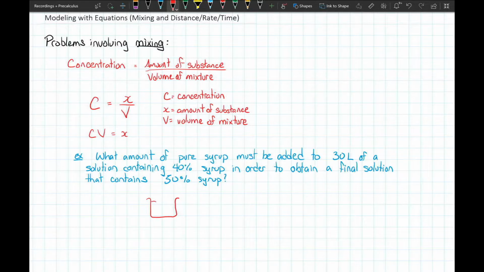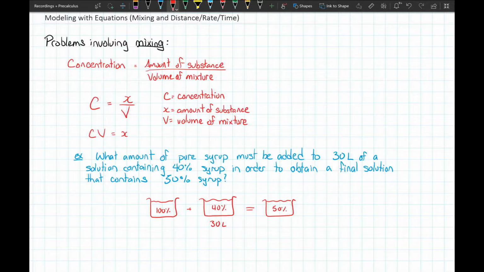If you wanted to illustrate that, pure would be 100% syrup. That would be its concentration. And then we're going to be adding that to 30 liters. We can denote that with a volume, and its concentration is 40%. And we want that to end up equaling a volume which contains 50% syrup.